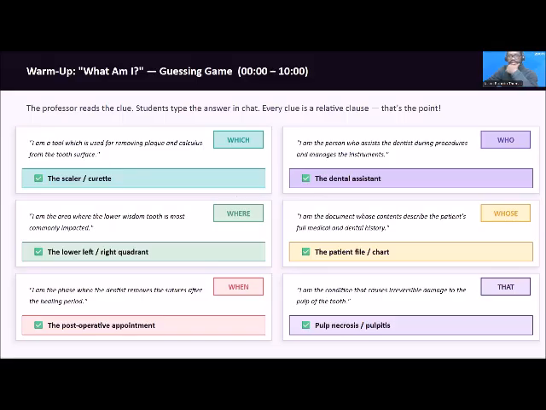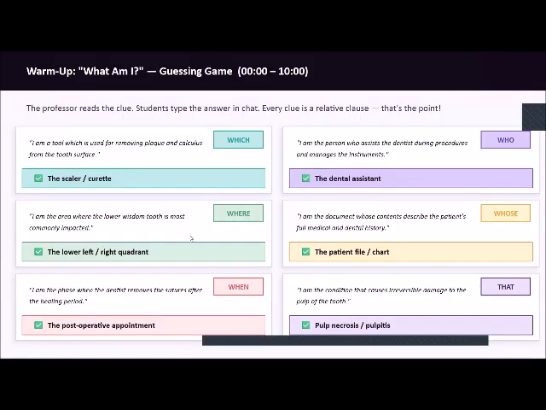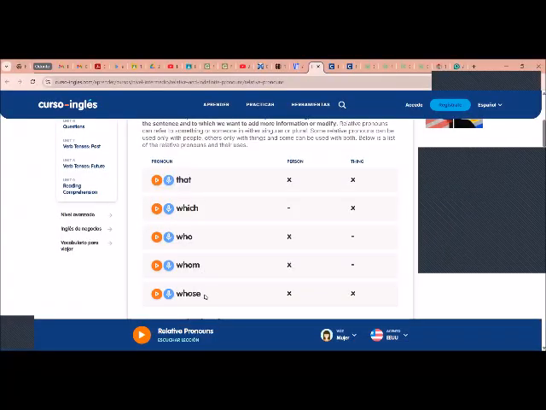Let me switch my screen. Let me move some of these boxes around. And let's go over to our relative pronouns. Now, when we think of relative pronouns, guys, we're thinking of that, which, who, whom, whose. But we're also thinking of things like where, or when, or why, more adverbial phrases.